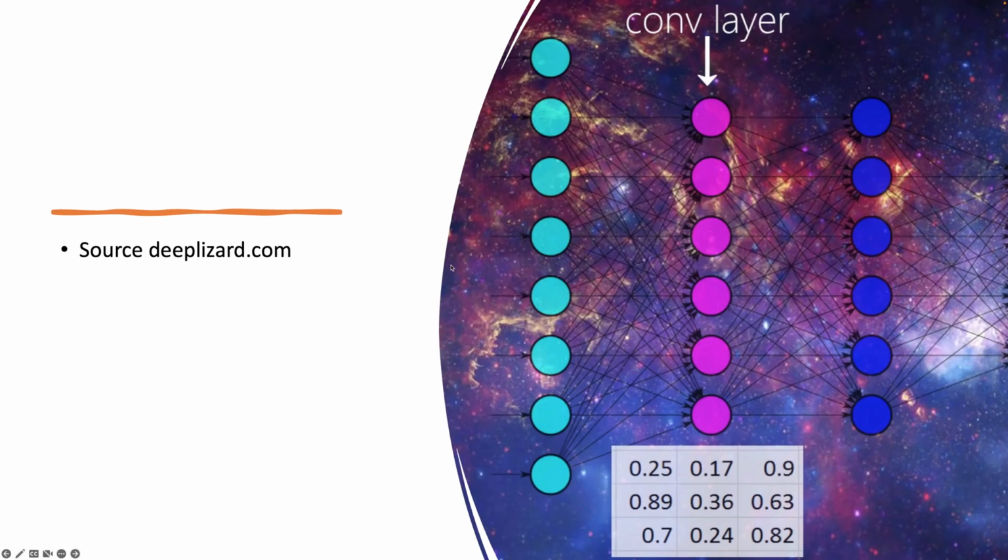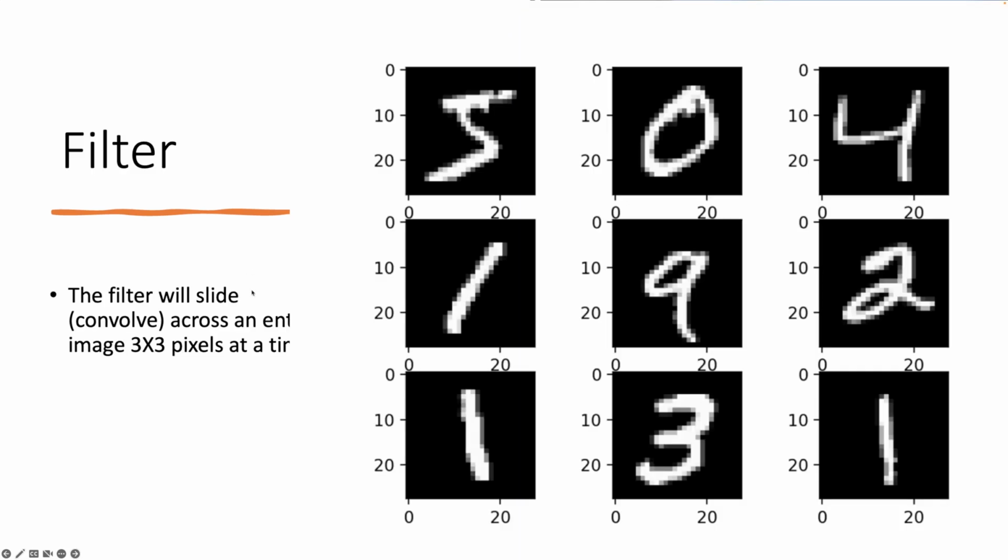So when we look at this network here, we can see the input layers on the left, and we can see that there is a convolutional layer. So again, sometimes people will simply group all the convolutional layers and say that's the convolutional layer, but again, in code, you're going to be making several of those separately. And this is the layer that's going to have some feature extraction in it.